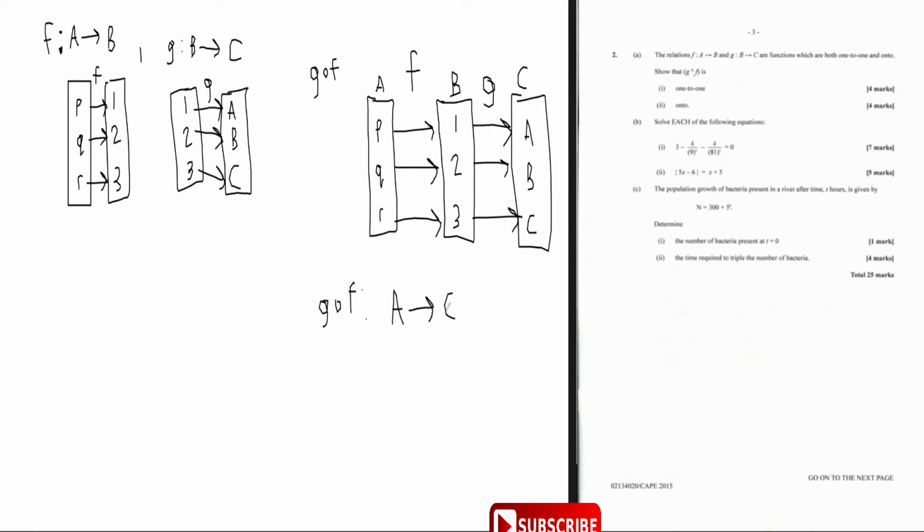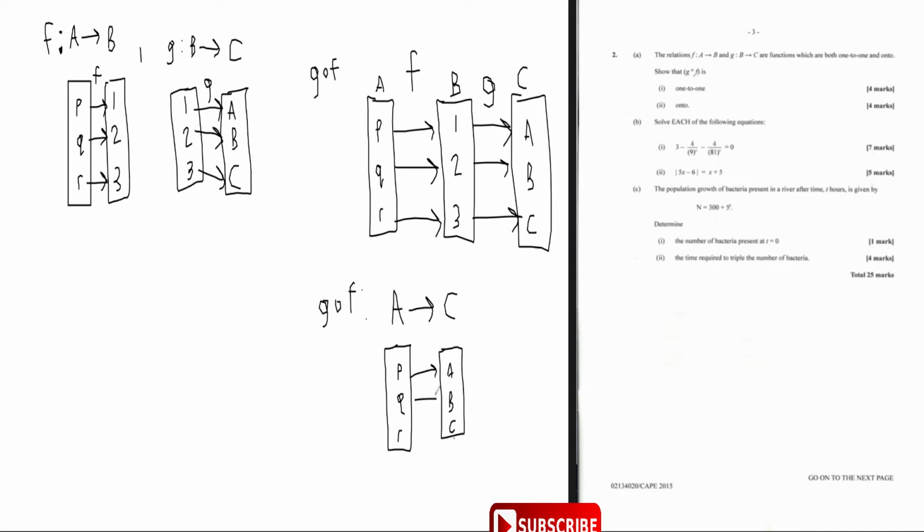So finally, G of f is P, Q, R, being mapped to A, B, C.